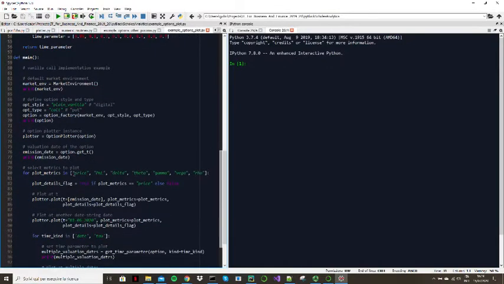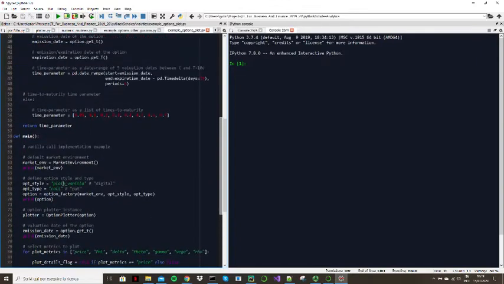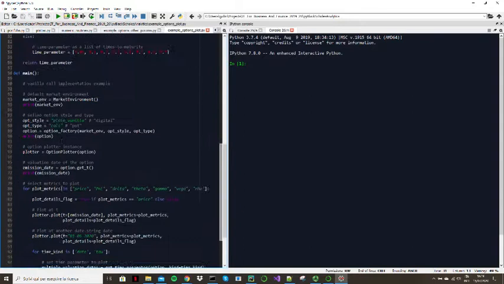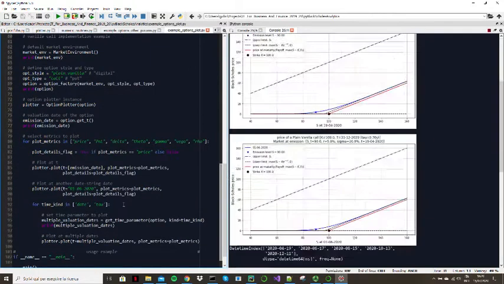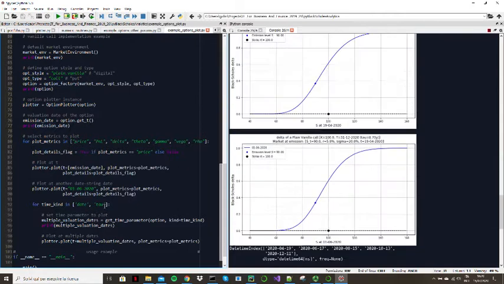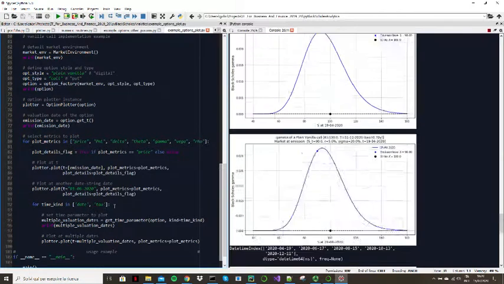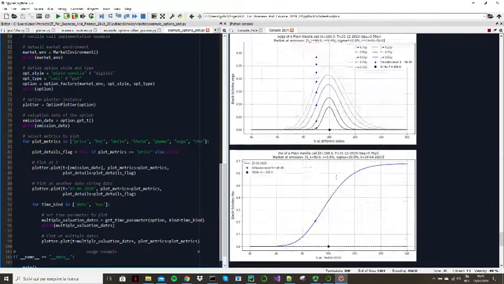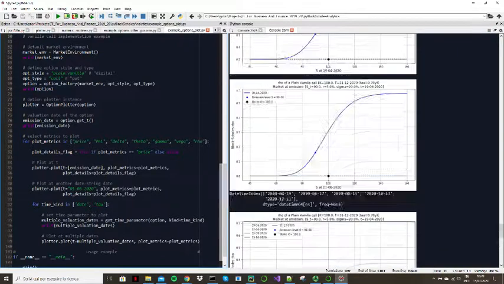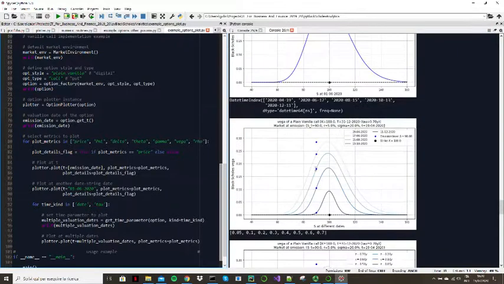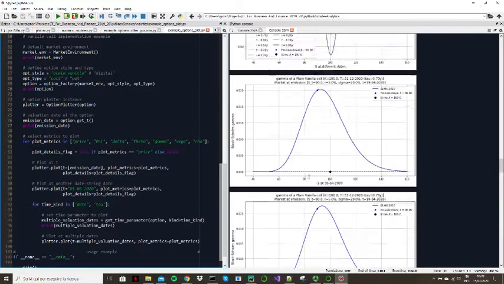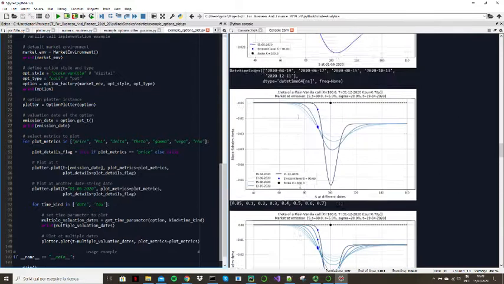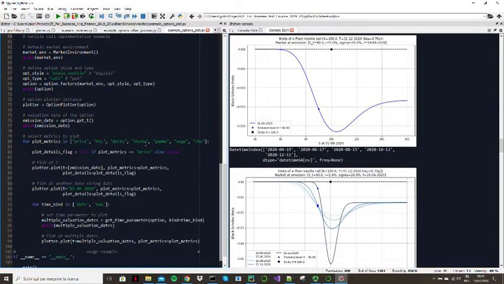We will plot the price, PNL, delta, theta, gamma, vega, and rho for, in this case, plain vanilla call options, and this is what you get. So these are the Greeks for different times. For example, here is the vega, here is the gamma for different times, or this is the theta, etc., for these plain vanilla options.